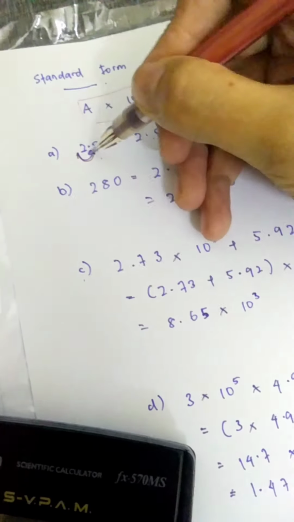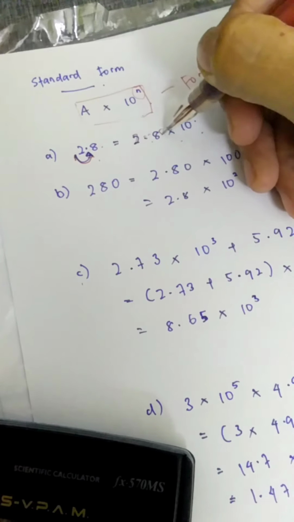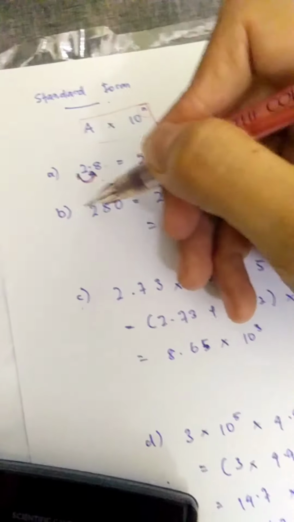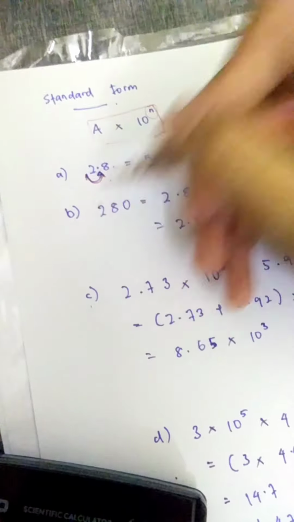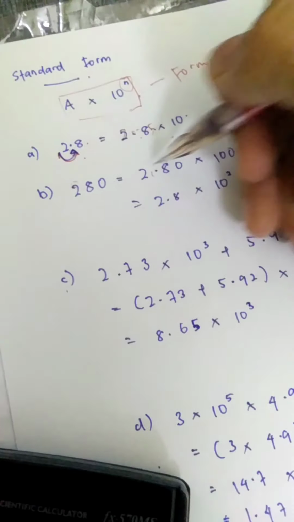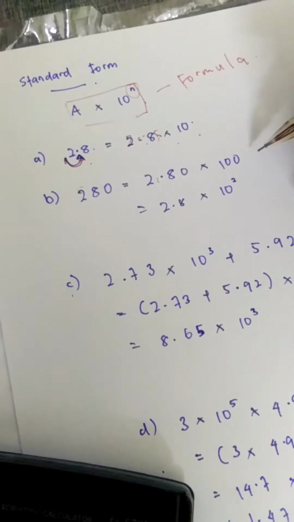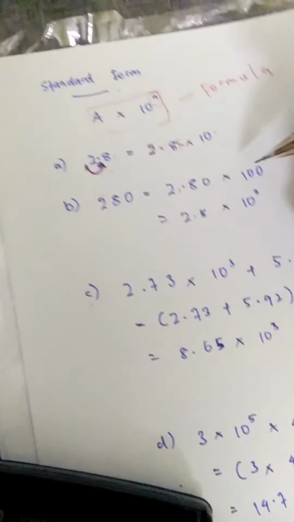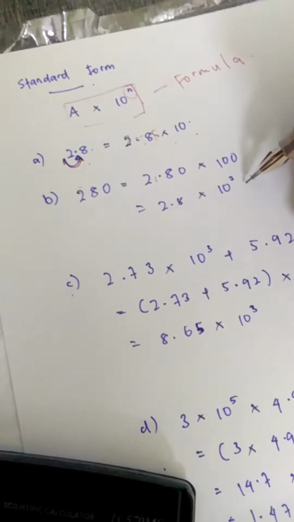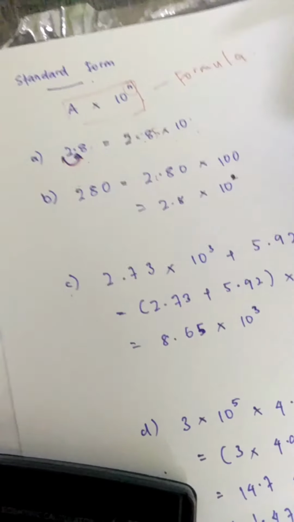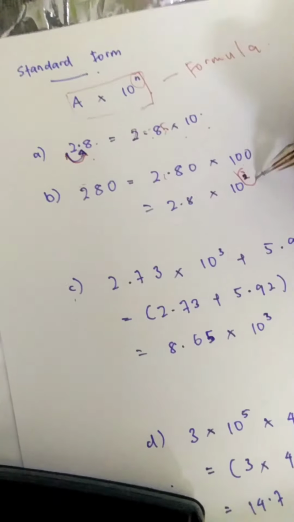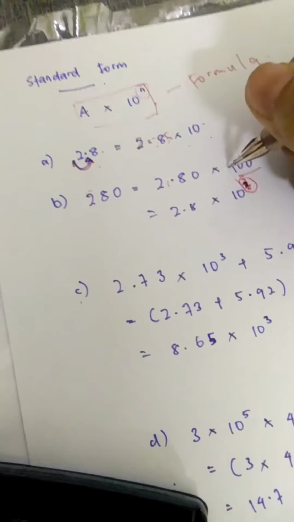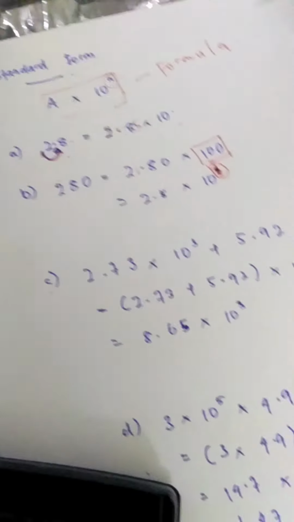This is moved over here, so it becomes 2.8 darab 10. Okay. For question number 2, 280 equals 2.80 times 100, equals 2.8 times 10 to the power 2. Why? Kenapa ini times dalam kuasa 2? Disebabkan ini didarab dengan 100.